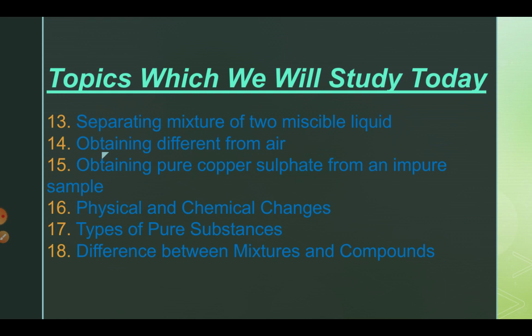Our today's 6 topics are separating mixtures of two immiscible liquids, obtaining different gases from air, obtaining pure copper sulfate from an impure sample, physical and chemical changes, types of pure substances, and difference between mixtures and compounds.